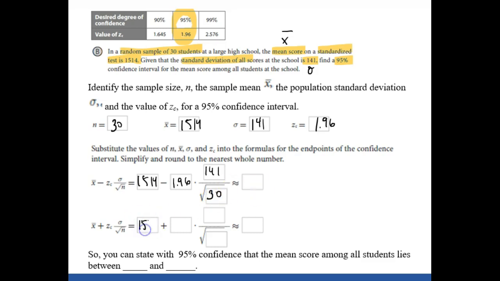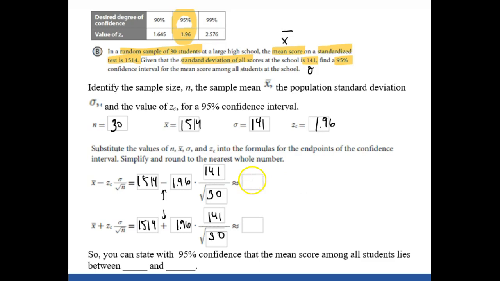Since I'm using the exact same values, the only difference is here I'm subtracting, here I'm adding. Otherwise, we're just copying values in. I'm not going to show you how to calculate this. I showed you on the last one, so take some time, pause, and try to find it out.